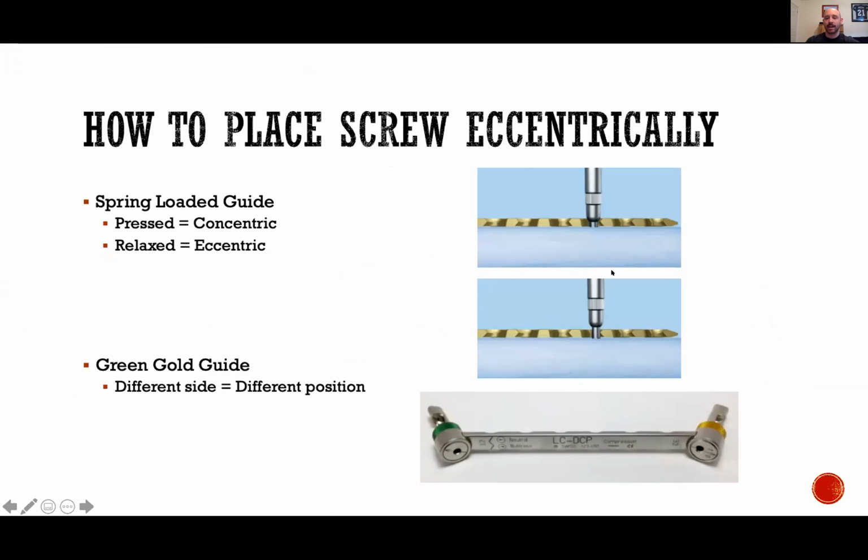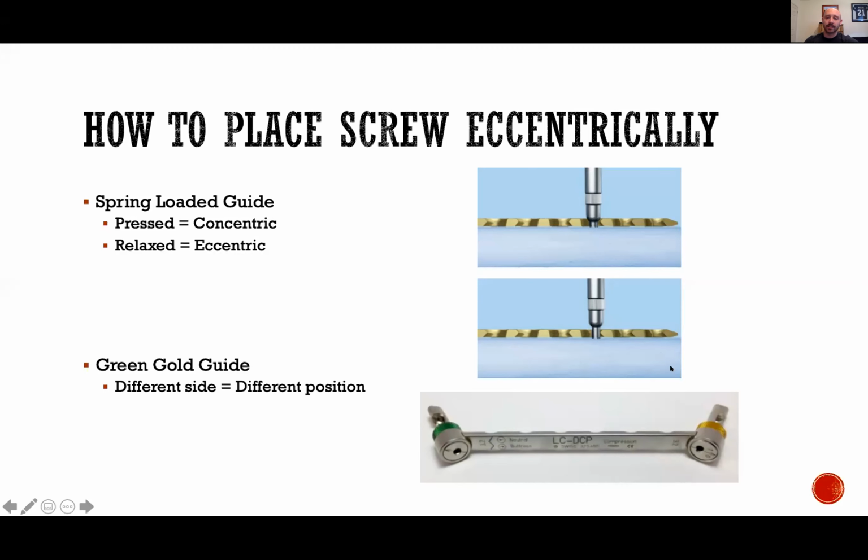The most common one now, I think, is this spring-loaded guide, where there's a spring inside this guide, and if you push it down, this little area here is going to retract, and it's going to allow you to seat your guide right in the middle of the hole. So if you push it all the way down, it's going to give you a concentric screw.